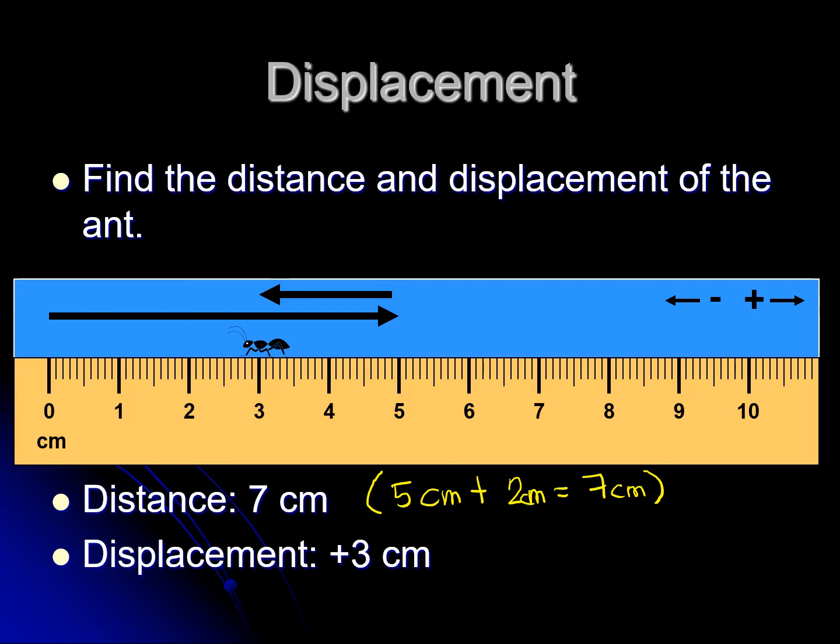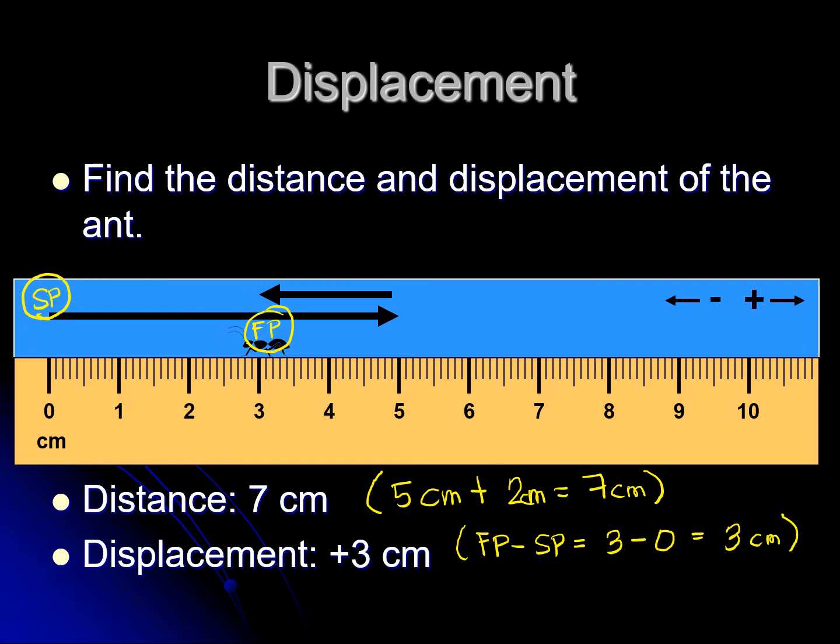So our starting position here was 0, right? This is our starting position, and 3 here is our final position, right? So therefore, that is your final position minus starting position. So final position is 3, right? Minus starting position, which is 0. That's why it's 3 centimeters.